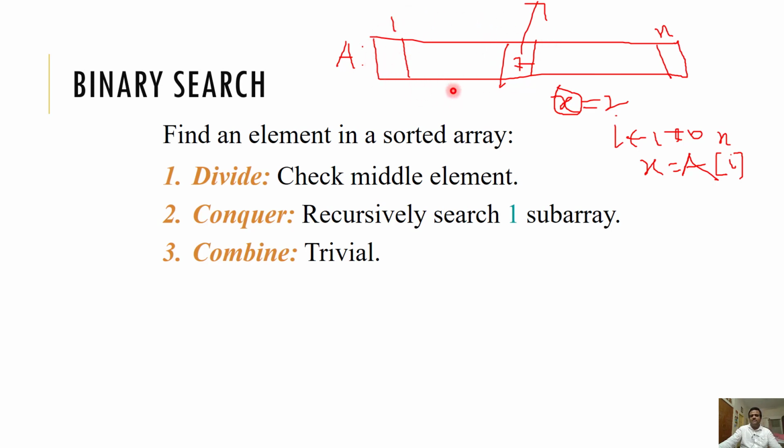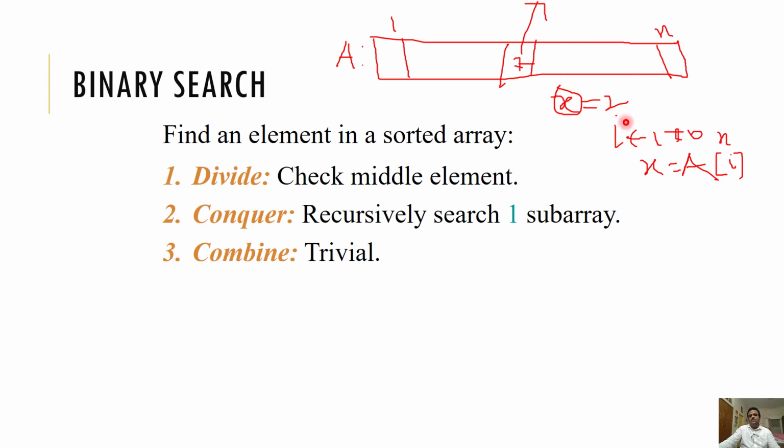This is a kind of divide and conquer. It has 3 steps: in the divide step, we check the middle element. If it matches, okay; otherwise, if the value we are searching is less than that, we recursively search the left subarray. If it is greater, suppose we are looking for 9, then 9, if it is there at all, has to be in the right subarray.